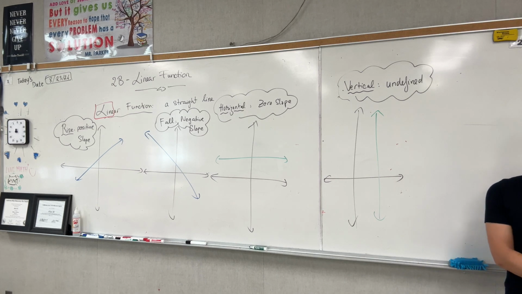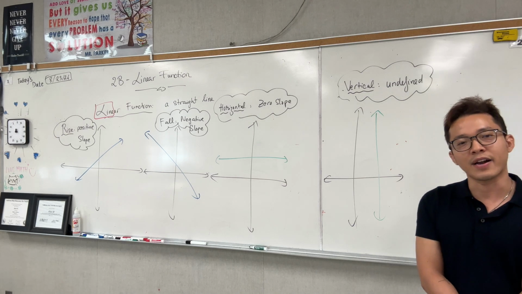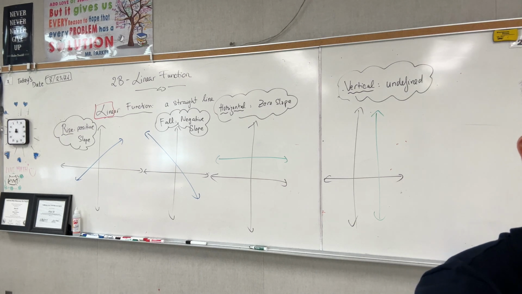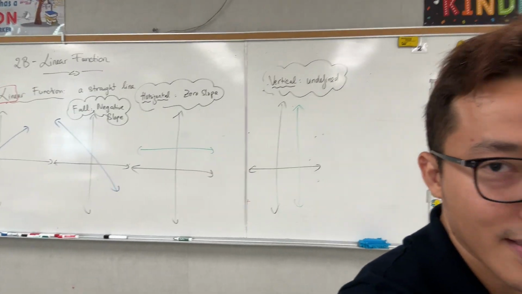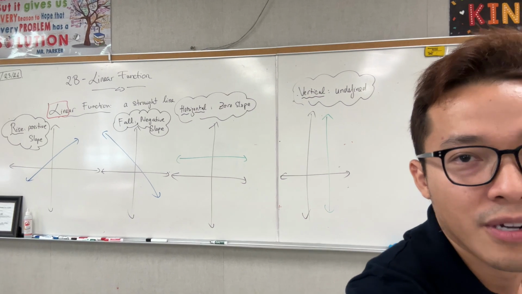How do you know it's undefined slope? Let's give Alejandra 1 point. All right, Justin? Is it because there's only an x intercept and no y intercept? Not really, but that's a good observation.